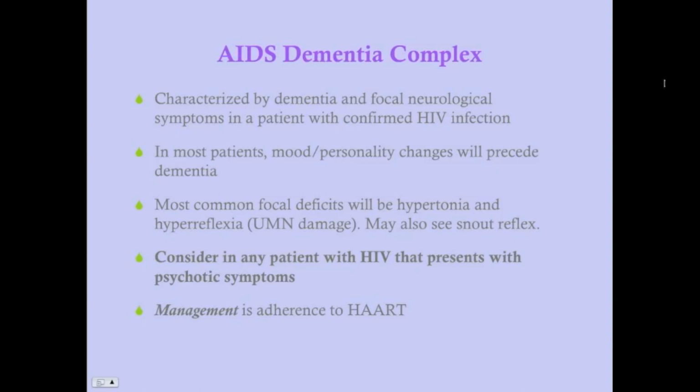Definitely consider AIDS dementia complex in any patient that presents with HIV and psychotic symptoms. Some of the mood personality changes can actually be psychotic symptoms. These will generally be patients that have very poorly controlled HIV, they've got low CD4 counts, they've got high viral loads, and so the management is to prevent progression by getting these patients on and adherent to a highly effective therapy, which is usually HAART.